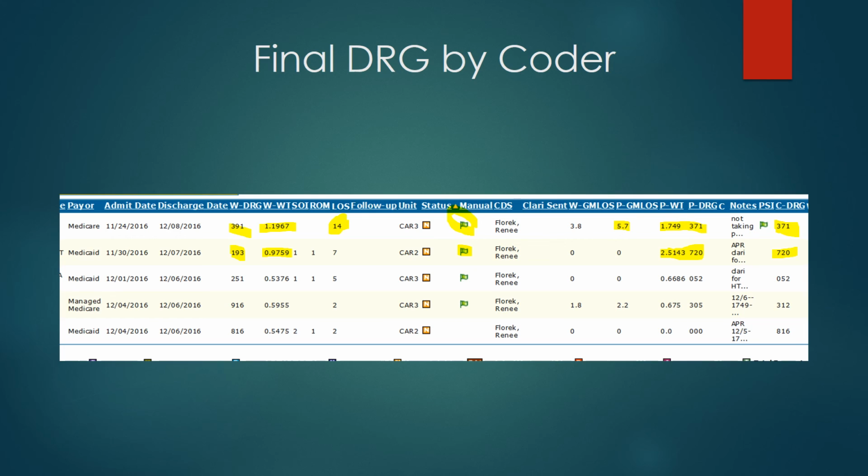This is a way to share with you how nursing and nursing informatics can benefit the hospital in a different way than what you're used to.